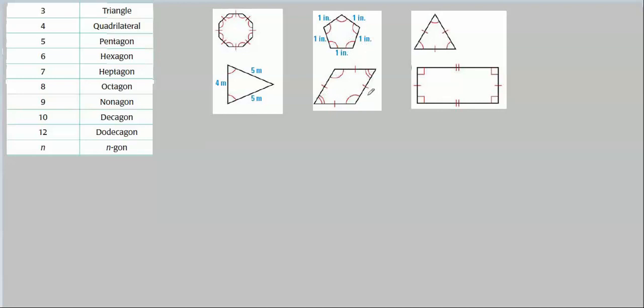Here's one, a lot similar to the example I drew to show that they don't have to be equiangular even though they're equilateral. Here we got the little hash mark to show us that each side is equal, it's equilateral, but you can probably tell even without the hash marks that these angles aren't equal, but they drew in the little arcs here so that you can see for sure this angle and this angle are not equal.